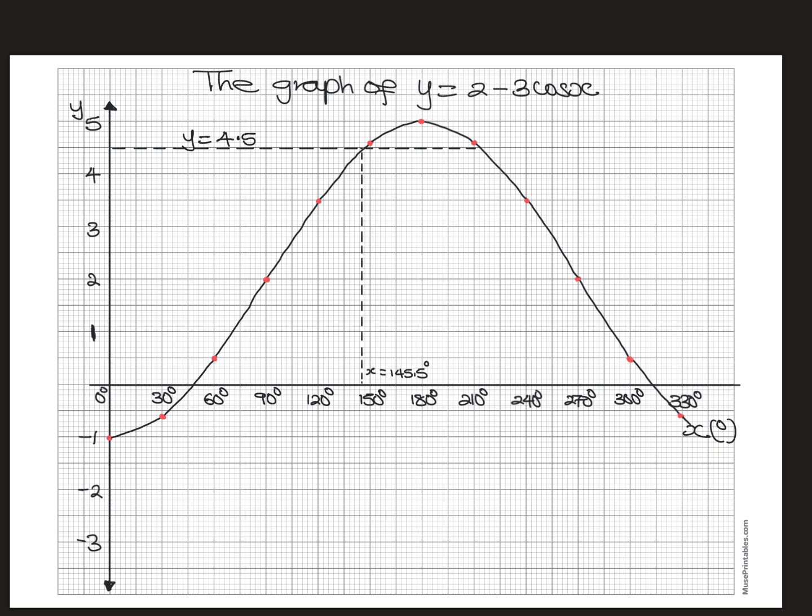So let's try to find the other value of x. Again, from where we have y equals 4.5, if we trace that to the x-axis, touching the curve, as you can see, we are having a line that is coming down.